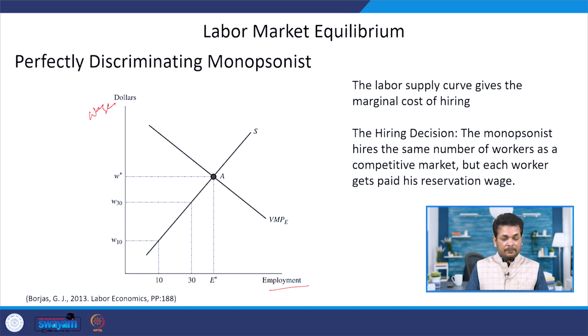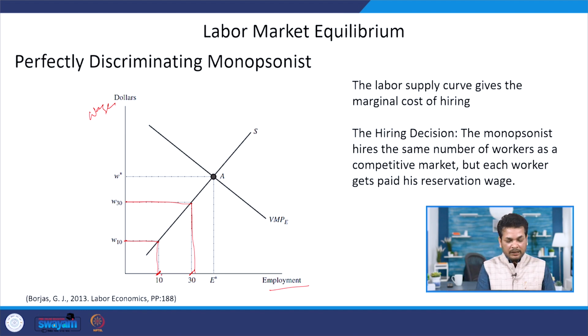So, when the firm would like to hire the 10th worker, the firm is going to give him the wage rate W10. At this wage rate, this 10th worker is going to enter the labor market. If it wants to hire the 30th worker, then it has to pay the wage rate W30. So, the perfectly discriminating monopsony has the information about exactly what the reservation wage of these individual workers is. So, it pays additional workers at their reservation wage.